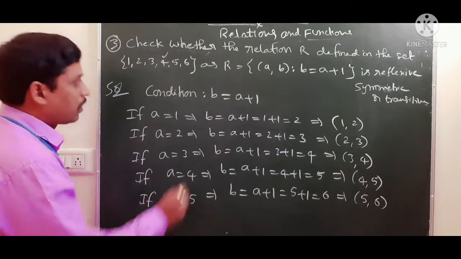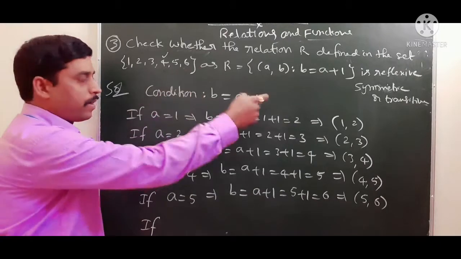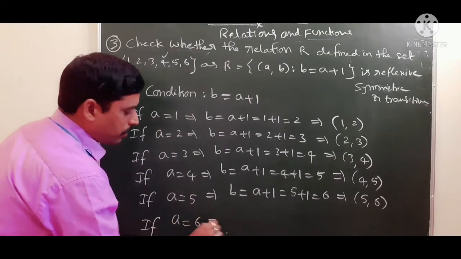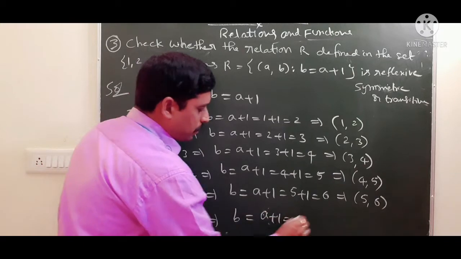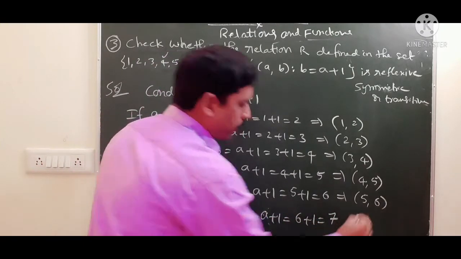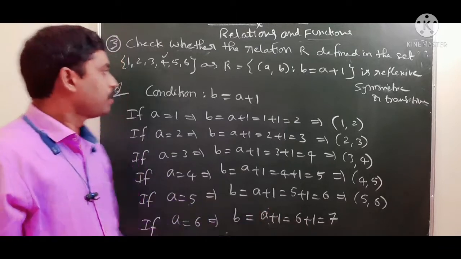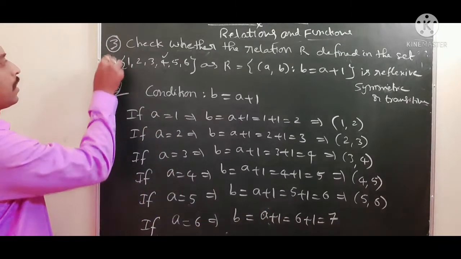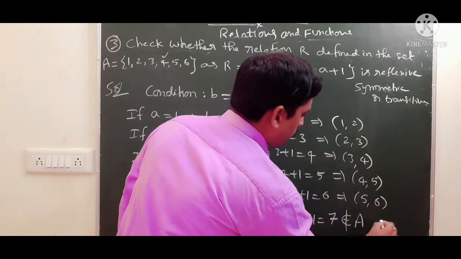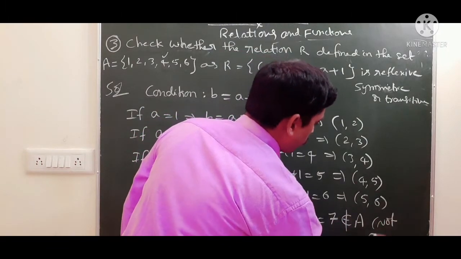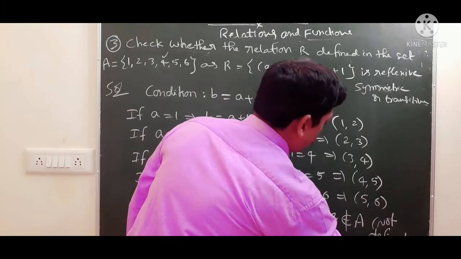Next, the last element, if A is equal to 6, then B is equal to A plus 1. This will be 6 plus 1 is equal to 7. But 7 does not belong to the given set A. So this is not defined.